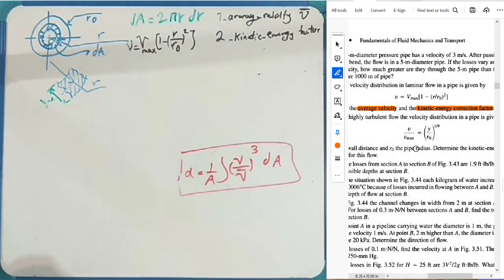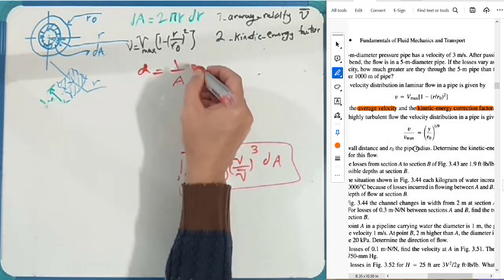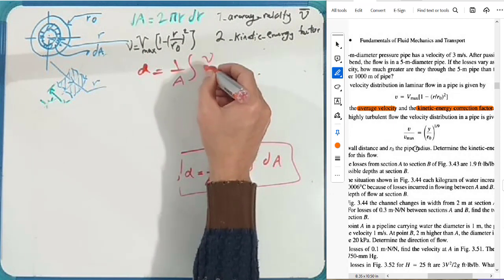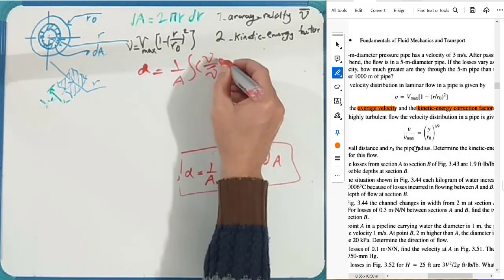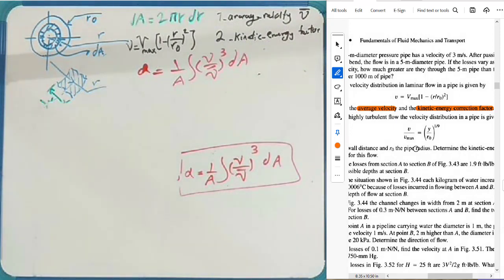Let me write it exactly here. Alpha equals 1 over A integral of nu over nu bar with power 3 dA. Okay.